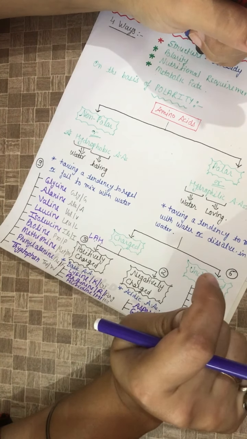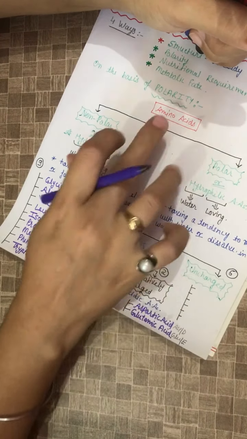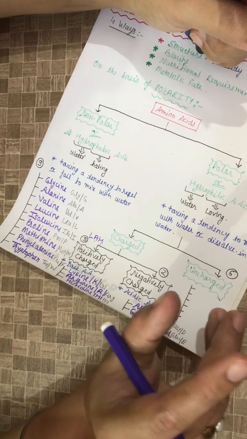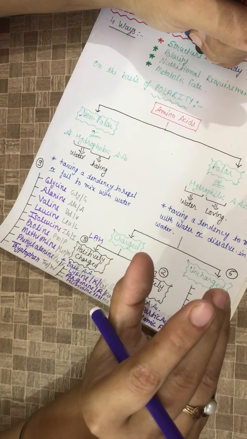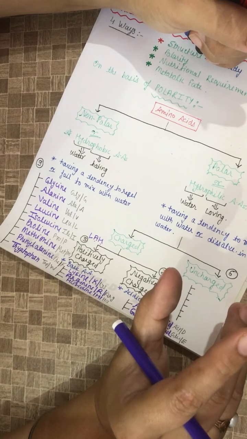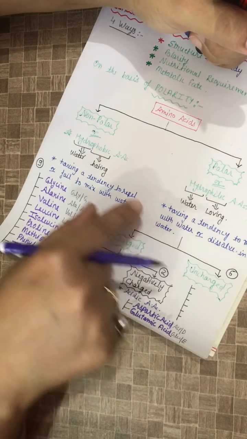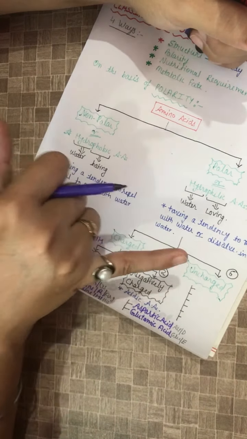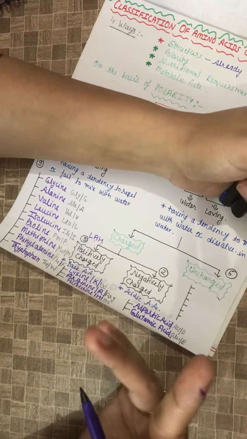Because of this OH group present in the side chain, they are categorized as polar amino acids because they have partial positive and partial negative charge on their OH group. Because of those partial charges, this OH group is going to react with water, but they are uncharged, so they are placed under the category of uncharged polar amino acids. Polar but uncharged, there is no charge available in the side chain.